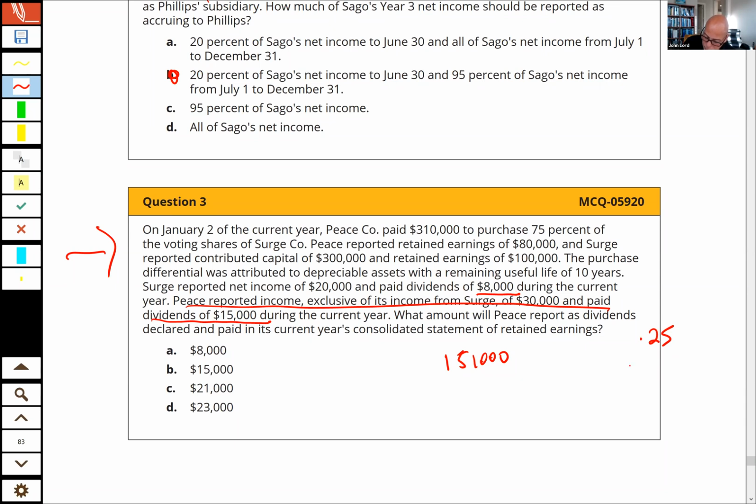And if I take 25% of that, that's 2,000. So when I get to the consolidated column there, I should show 17,000, but they don't give me 17,000 as a choice.